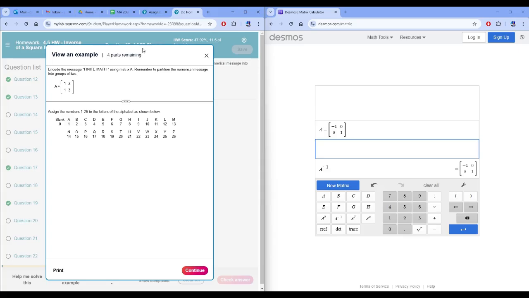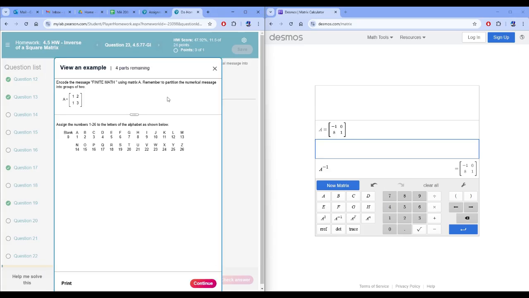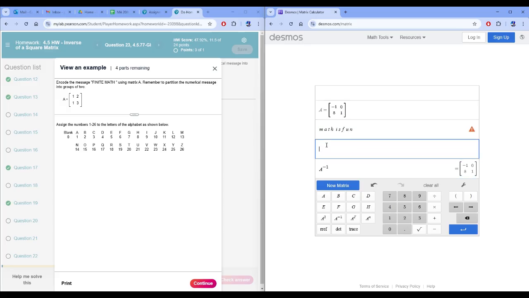There we go. So here my word is math is fun. I'm going to write it like that, and then right underneath it, M is 13, A is 1. Should I put a 0? Did they put a 0 for the space? They put a 0 for the space. So M-A-T-H, M, A, what's T?